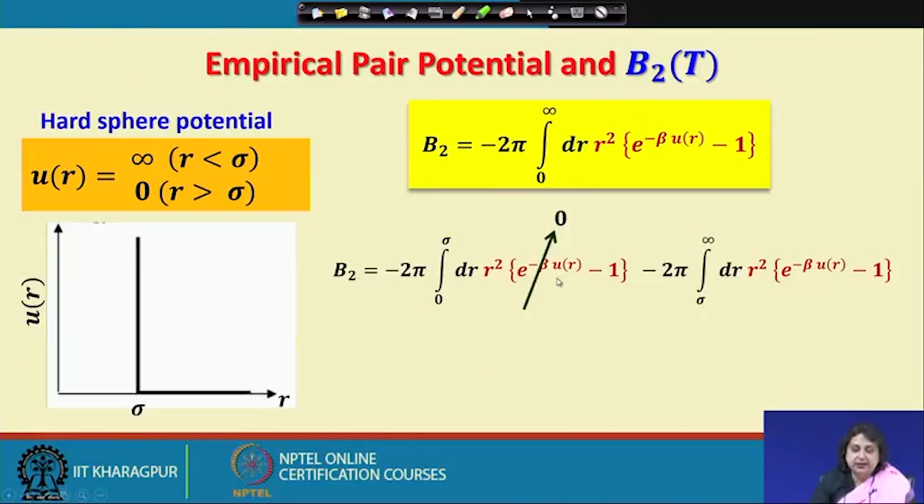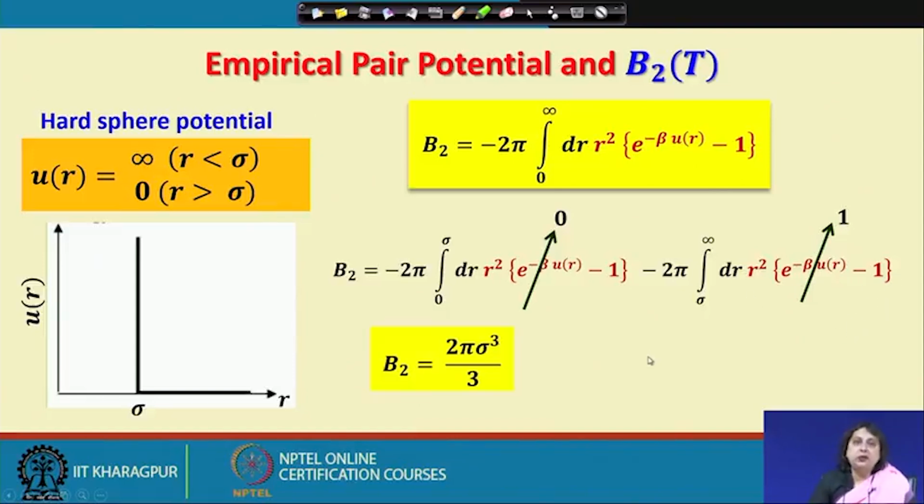Therefore, in the integrand, I am left with dr into minus r square, and therefore, this integral can be evaluated. Similarly, in the second part of the integration, in the limit sigma to infinity, u of r is equal to 0, and therefore, this term becomes equal to 1. As a result, the integrand vanishes.